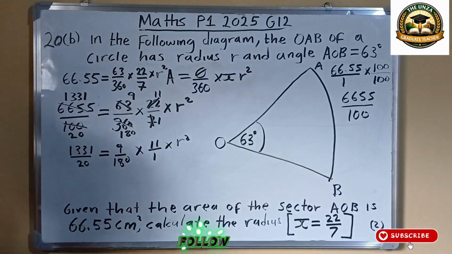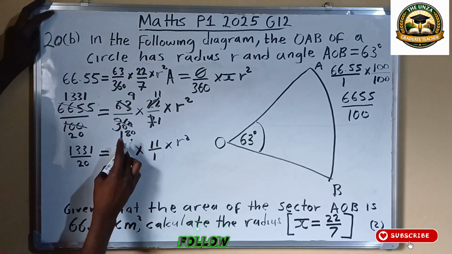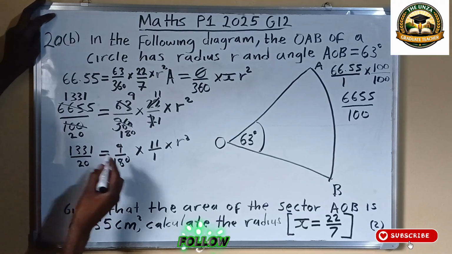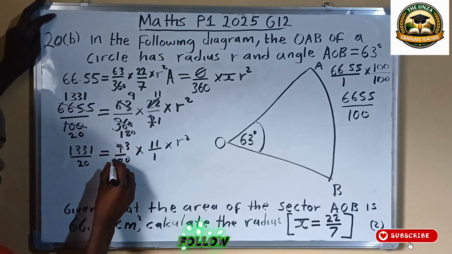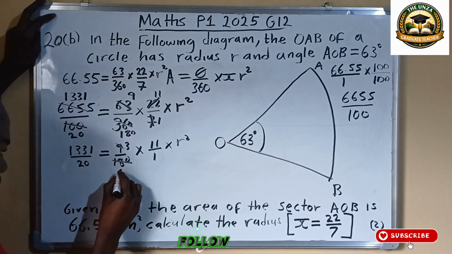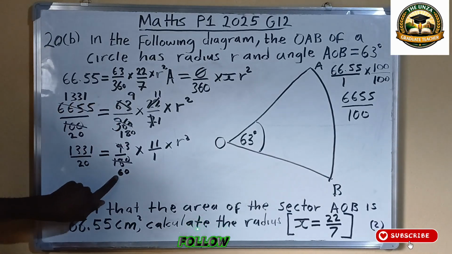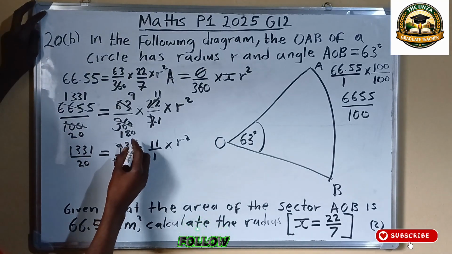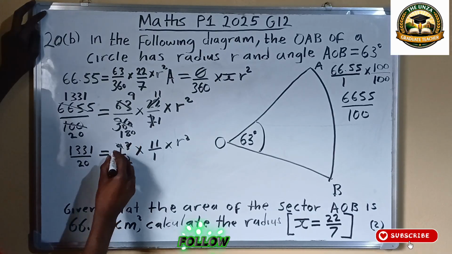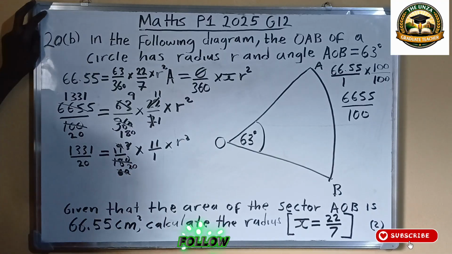So again here, what you need to understand is that there is a number that can enter in 9 and 180 without leaving a remainder. It is 3. 3 into 9 gives you 3. 3 into 180 gives you 60. So here it will be 3 over 60. Again, 3 into 3 gives you 1, and 3 into 60 gives you 20.